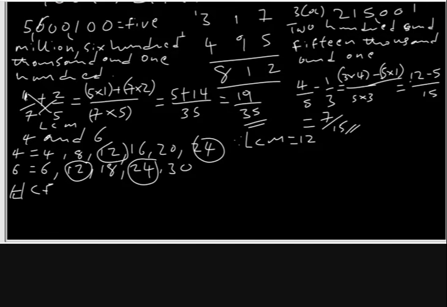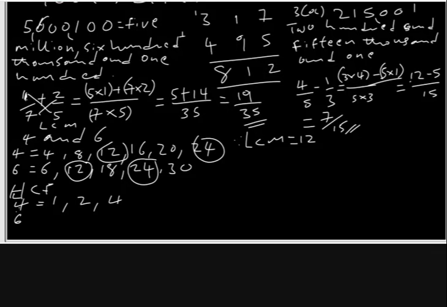Okay, so for HCF, we have factors of 4. What are the factors of 4? The factors of 4 are 1, 2, and 4.